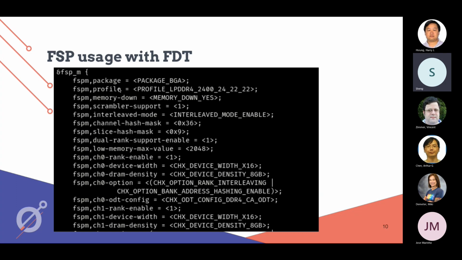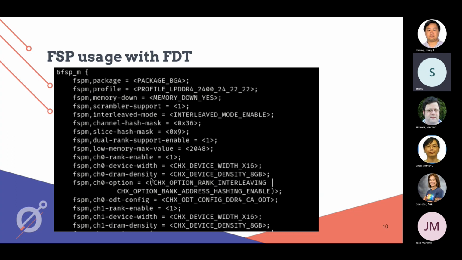For example, this is from the user side, from the bootloader side. If the FSP is in the FTT way, you can see it can be coded and pass information in a very clean way. You can see package, profile, memory down, and then the information.